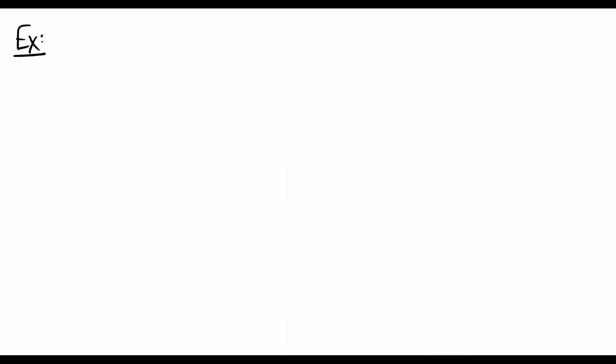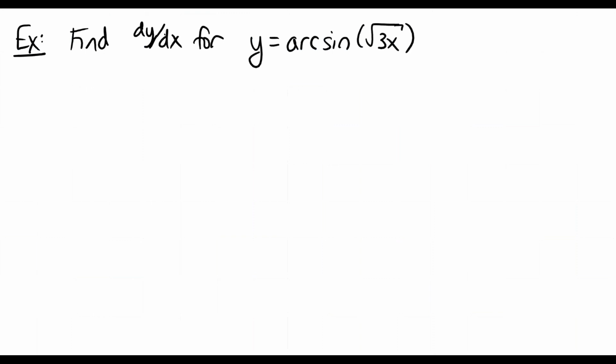Let's do a quick example. Find dy dx for y equals arcsine of the square root of 3x. We have to use the chain rule for this. Our outside function is arcsine and the inside is square root of 3x. So then we proceed.